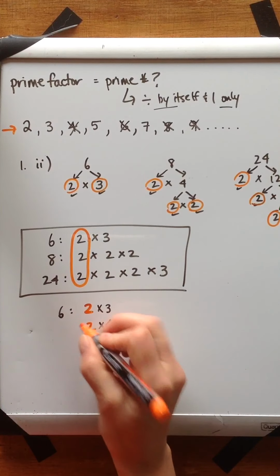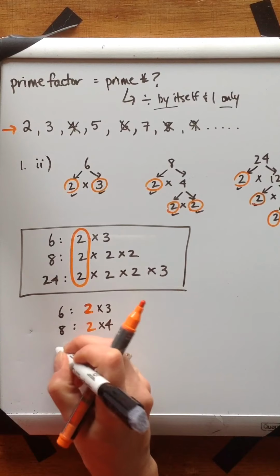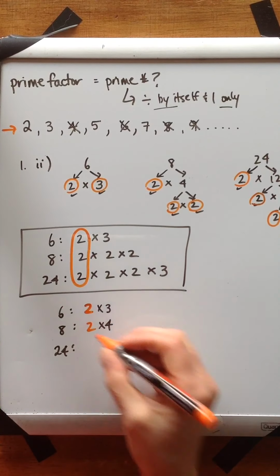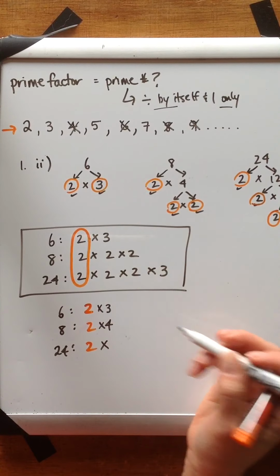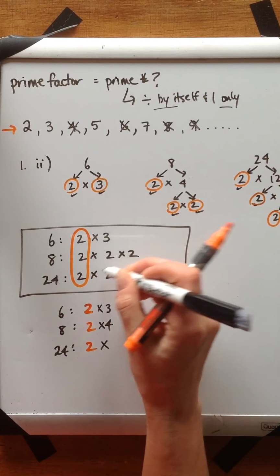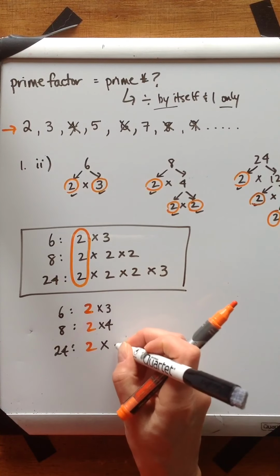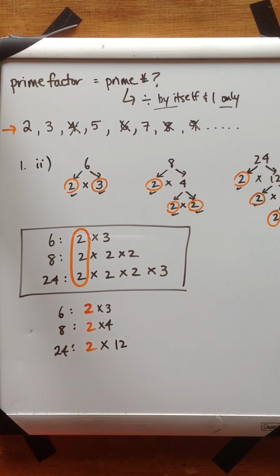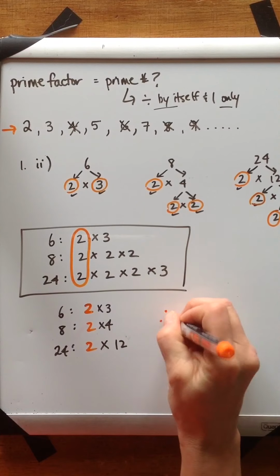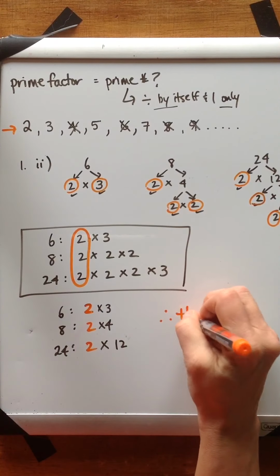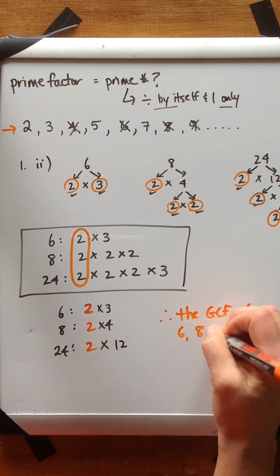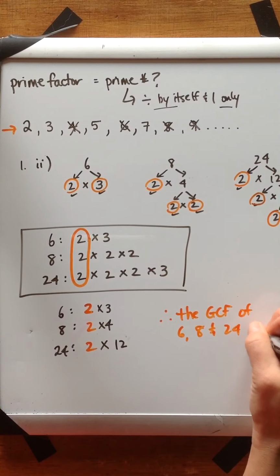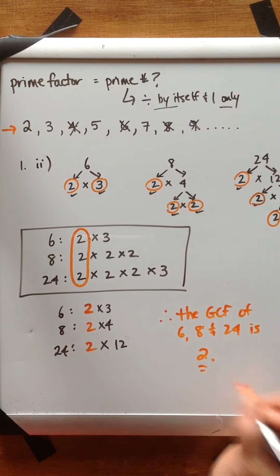And I can think of the number 24 as being 2 times the rest of this, which is 2 times 2 times 3. Well, these all multiplied together give me 12. And so therefore, I could say that the greatest common factor of 6, 8, and 24 is 2. Right there.